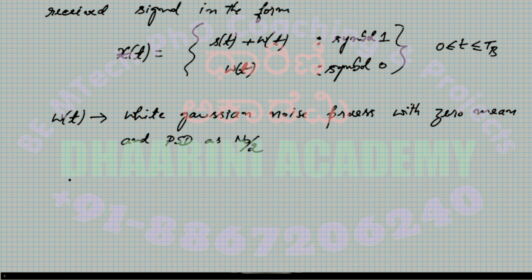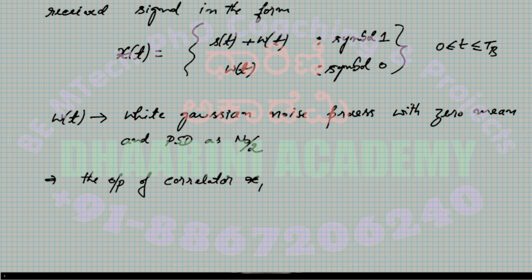Then let's try to calculate x1 now, because I have to take a product of this x of t with phi 1 of t and integrate. So the output of the correlator, that is nothing but x1, because you sample it.